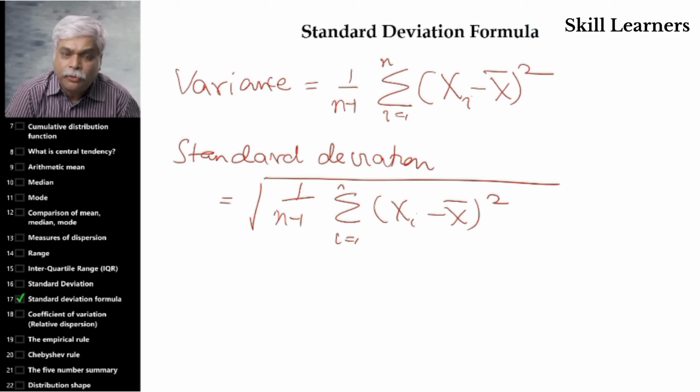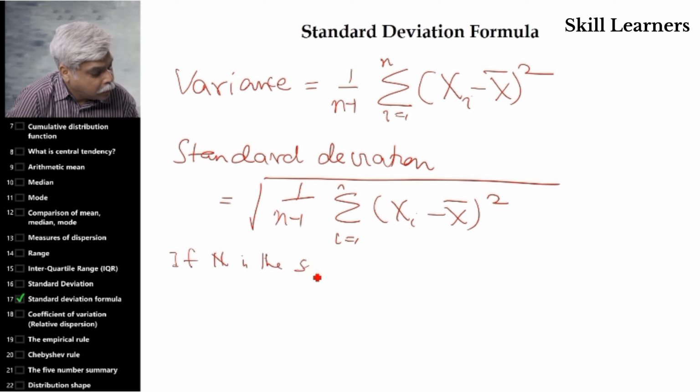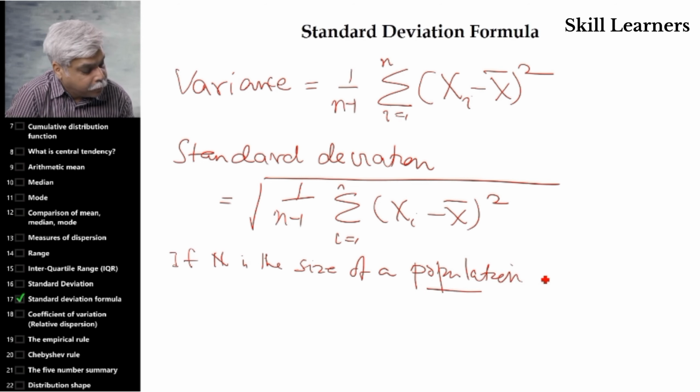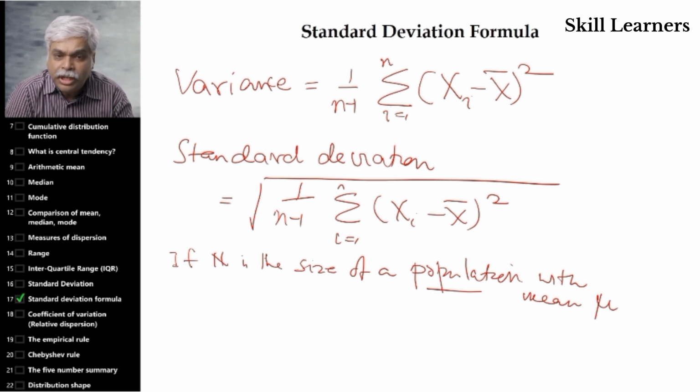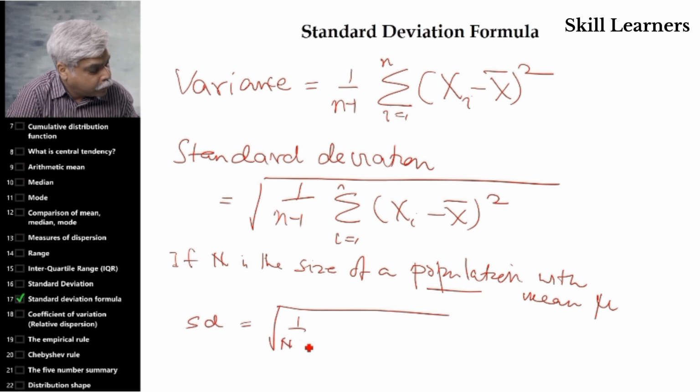An alternative way to look at it might be the following: if we have a population, where capital N is the size of the population, not a sample, with, say, mean mu, and I'm going to distinguish this from x bar because this mu is the mean of the population, then the standard deviation is written as the square root of 1 over N, the sum from i equals 1 to capital N of xi minus mu, whole squared, where this mu is not estimated.